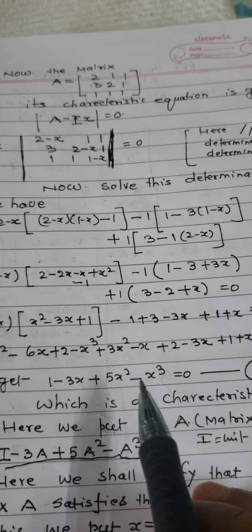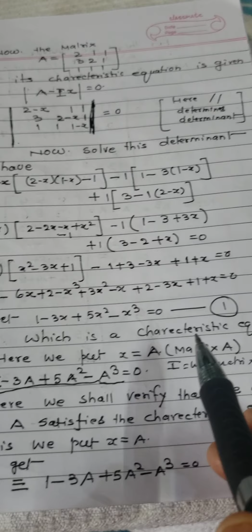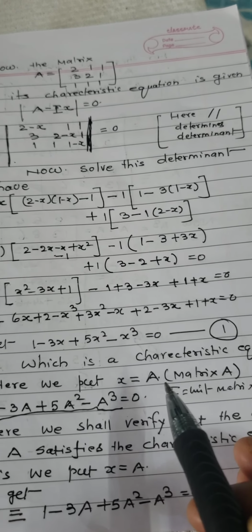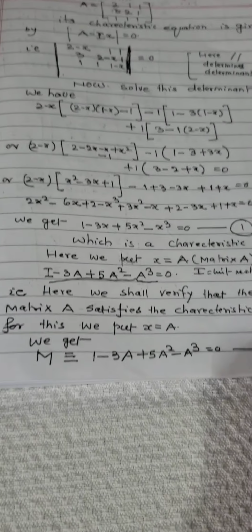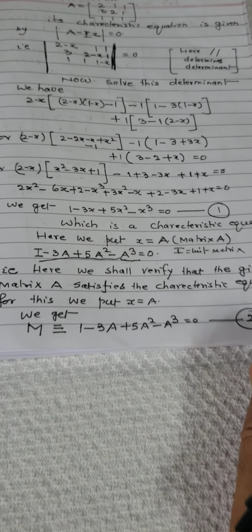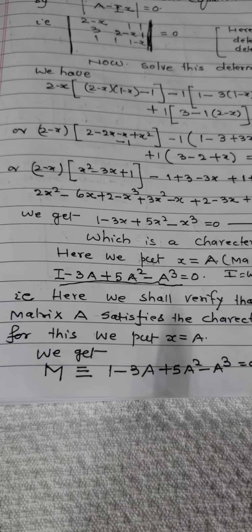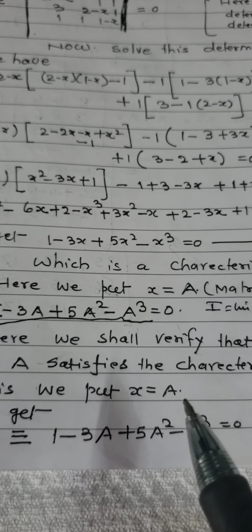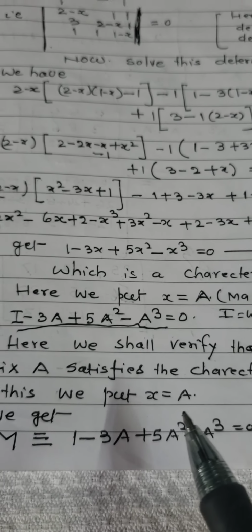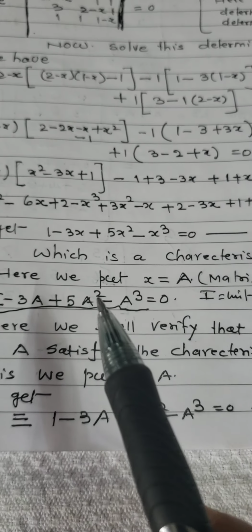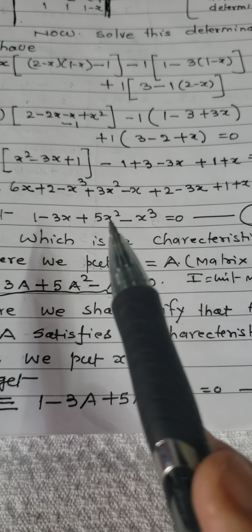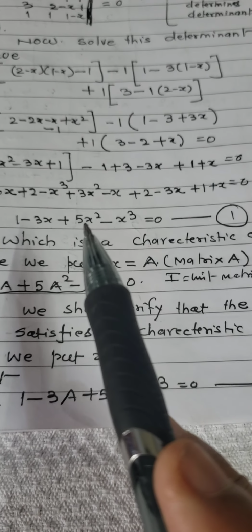This is equation number 1, which is the characteristic equation of the given matrix A. So for showing and satisfying the Cayley-Hamilton theorem, in this equation we put x is equal to A, in the given equation number 1.